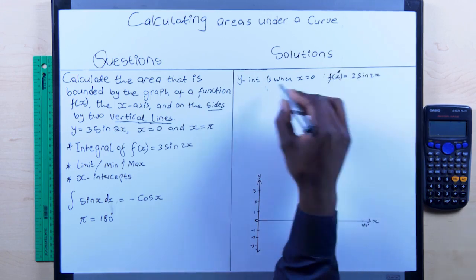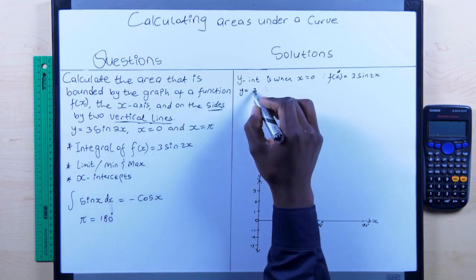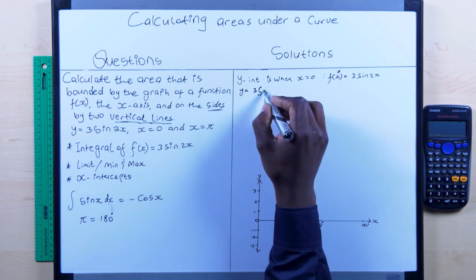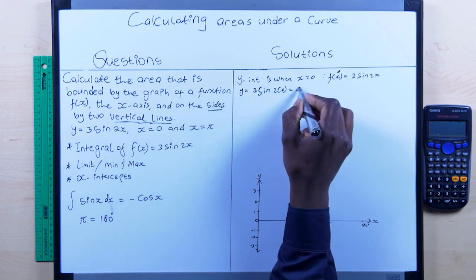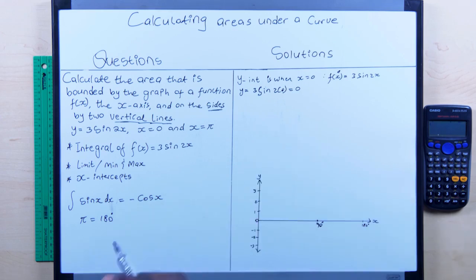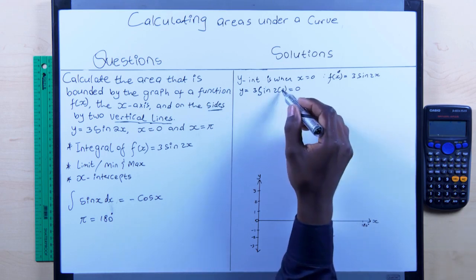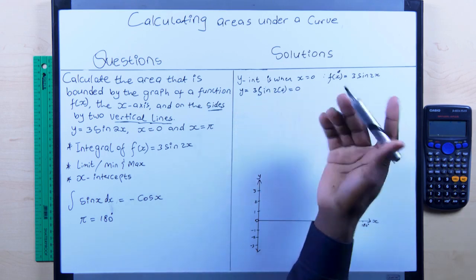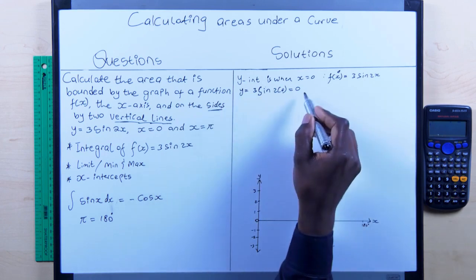So our y-intercept then becomes, so you can find out y equals 3 sine 2x, x equal to 0. What does it mean? It means that you have a sine of 0, which is equal to 0. So the value of y-intercept is 0.